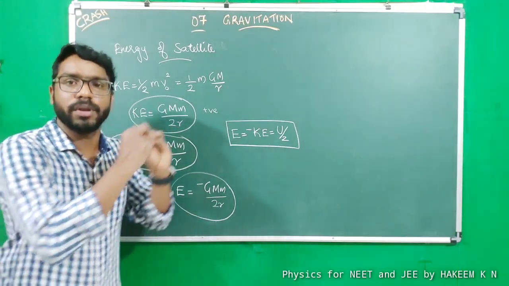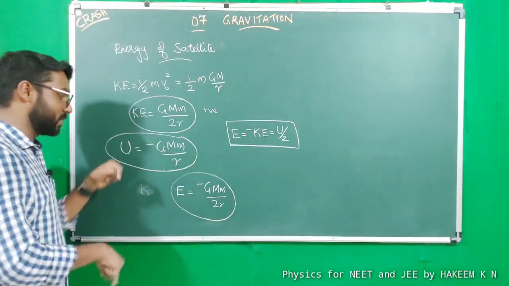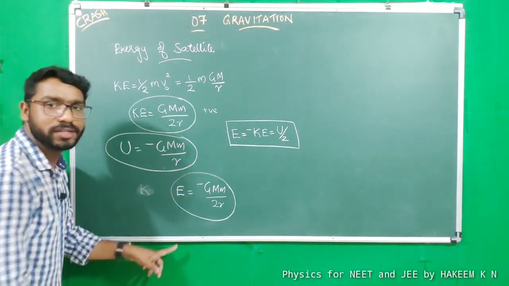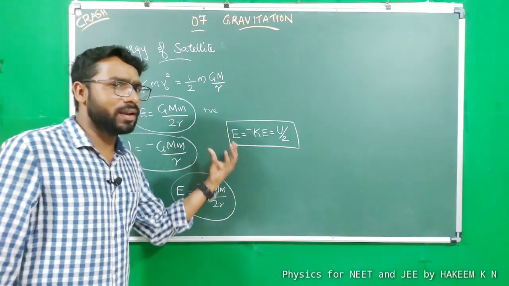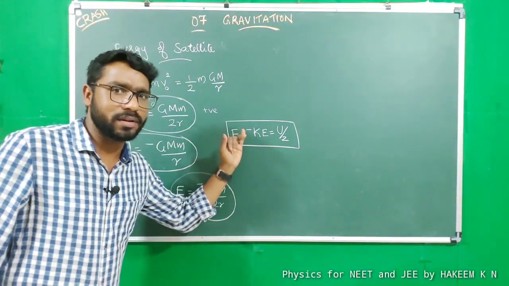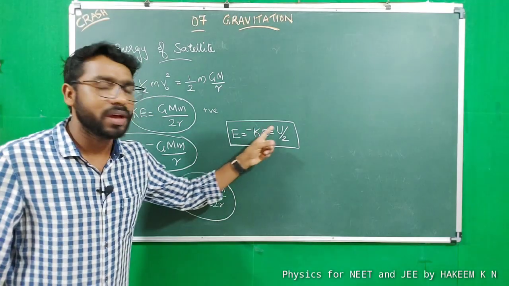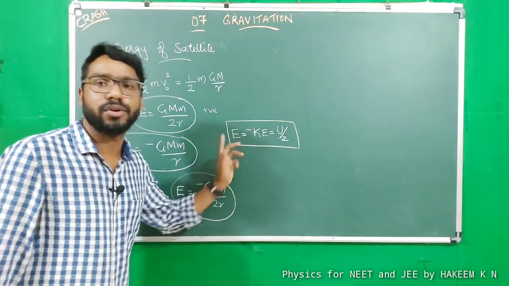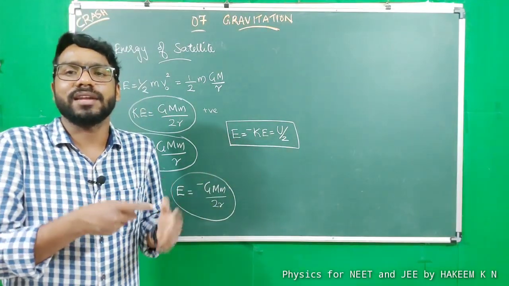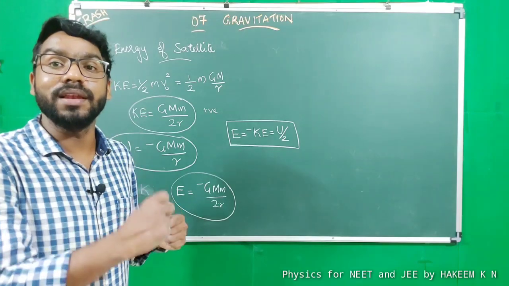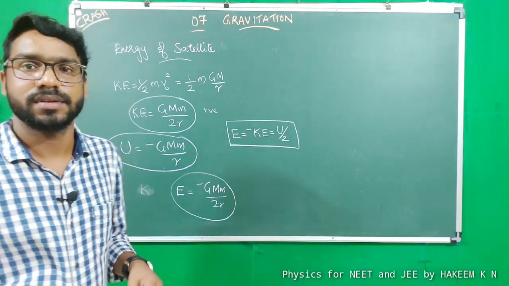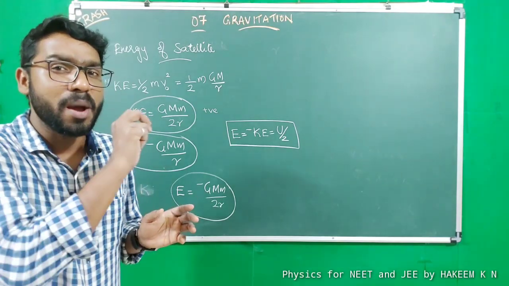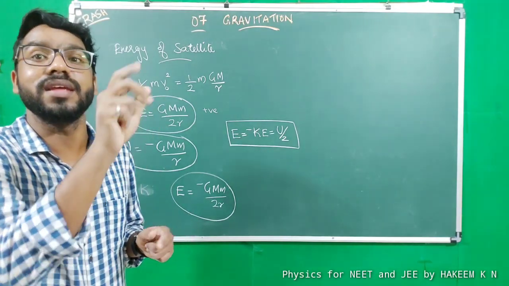As radius of orbit increases, kinetic energy decreases, potential energy increases because of the negative sign, and total energy also increases. Total energy is negative of kinetic energy, and potential energy is double of total energy. For example, if a satellite possesses 1 million joule kinetic energy, then its potential energy is minus 2 million joule.